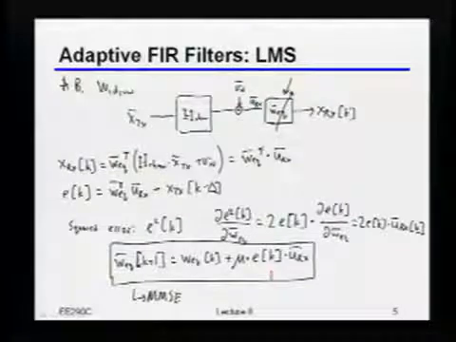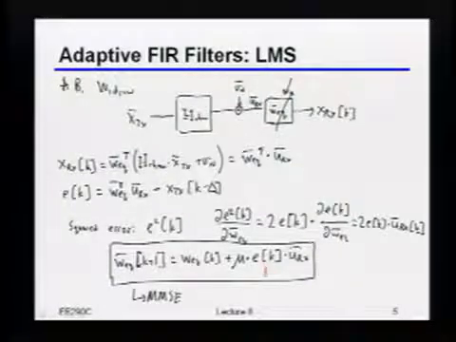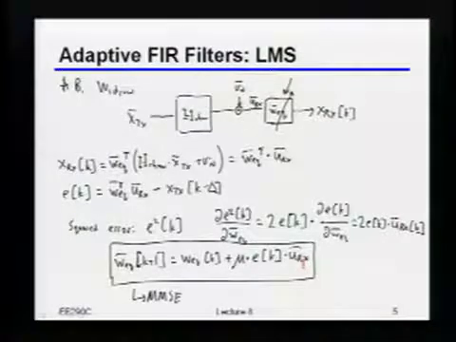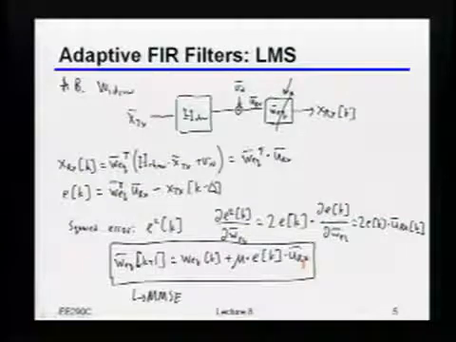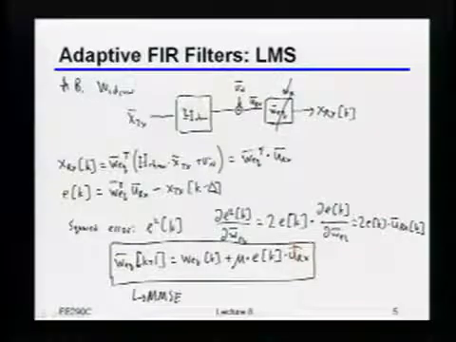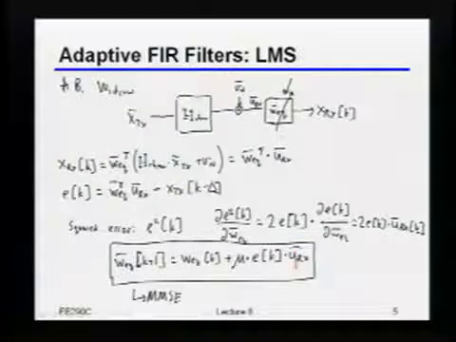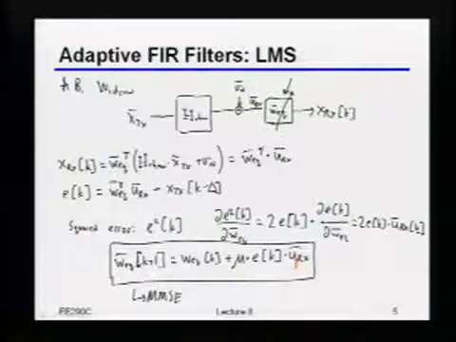Okay? Because that error and the input to the equalizer both contain the noise, what you're basically doing is including the effect of the noise. Because if the noise was too large, then your errors would also get larger. And in particular, when they got larger, you'd also see that they were correlated with the input of your equalizer. Okay? So this does indeed converge to the MMSE solution. Does that make sense to people?